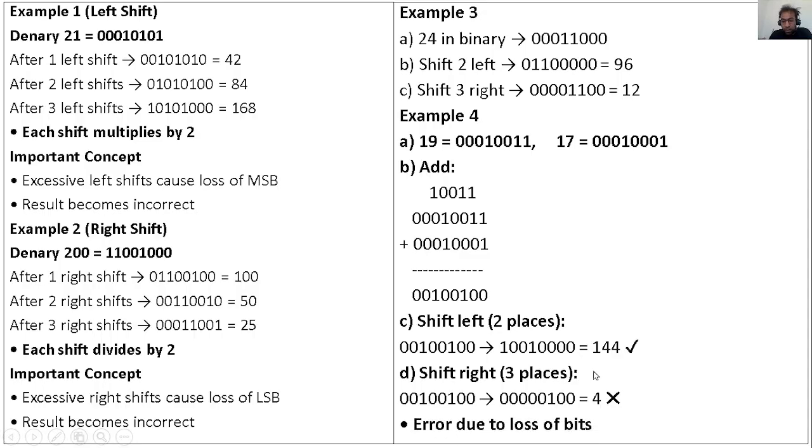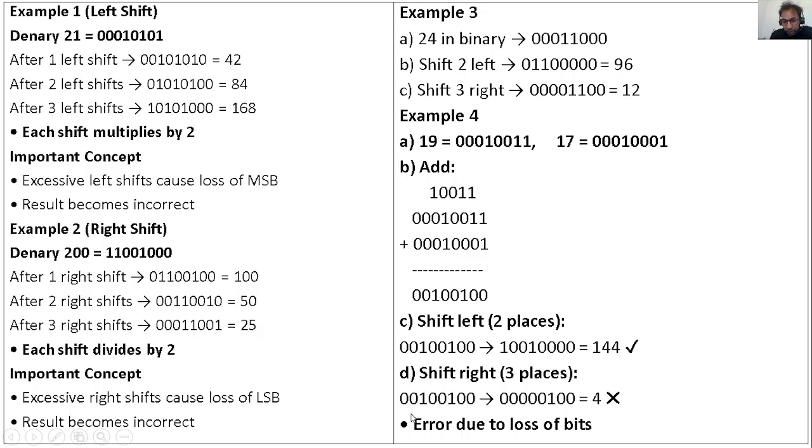But why is it saying that if we shift it 3 times, then we will lose bits? We lose the least significant bit, and this way our answer will give us the wrong result. We have shifted this one 3 times, 1, 2, and 3, so that will give us the wrong result.